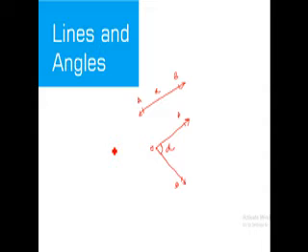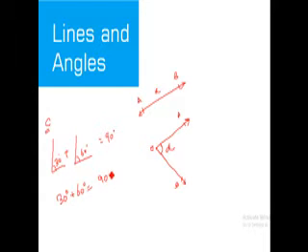Now, there are two more things, that is the supplementary angle and the complementary angle. First, the complementary angle: when the sum of two angles is equal to 90 degrees, then that is a complementary angle. How? If I say this is 30 degrees and this is 60 degrees, 30 plus 60 equals 90 degrees.